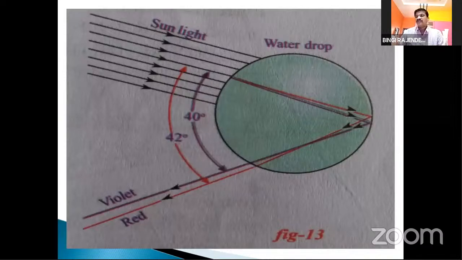So here we are observing figure 12, figure 13 in the new textbook, figure 12 in the old textbook. The sunlight comes from the atmosphere, and when entering the water drop, it splits into red to violet colors.